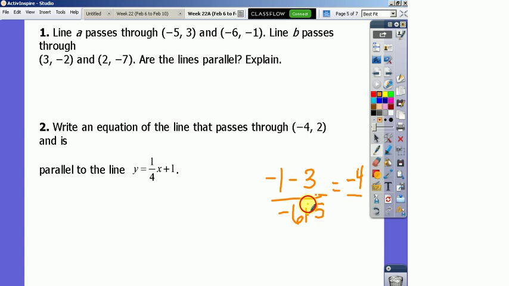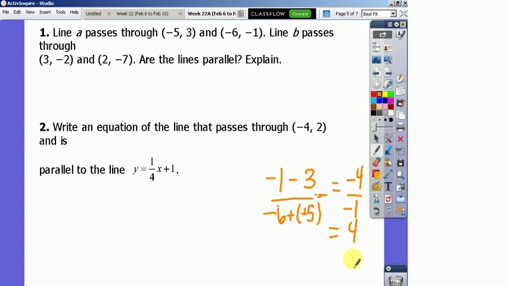And on the bottom, negative 6 minus negative 5 would be negative 1. So that's just 4, right? Did you all get that?